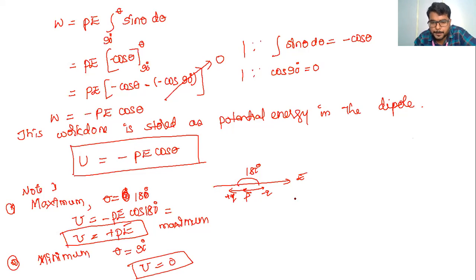Last one, if theta is equal to 0 degree, then U is equal to minus PE cos 0 degree. Then you can write U is equal to minus PE.